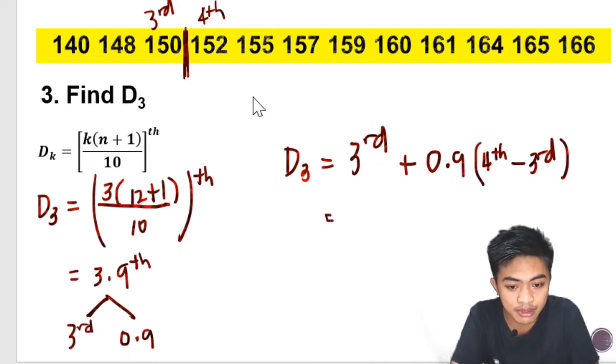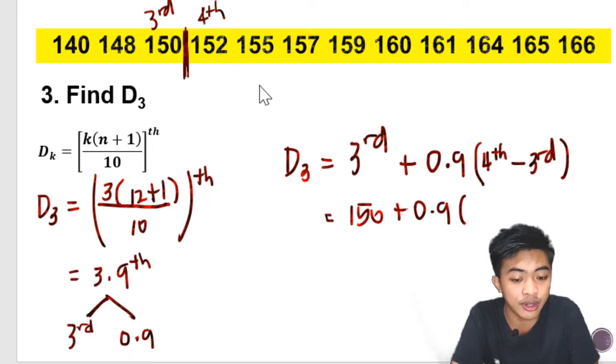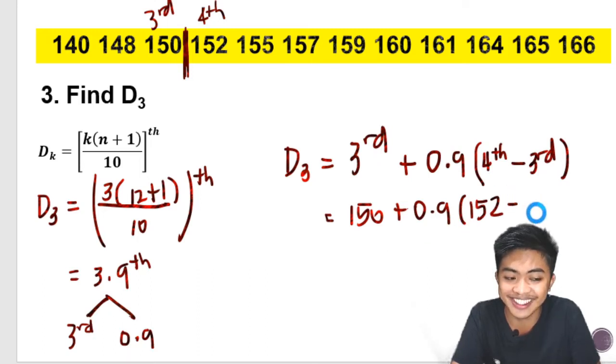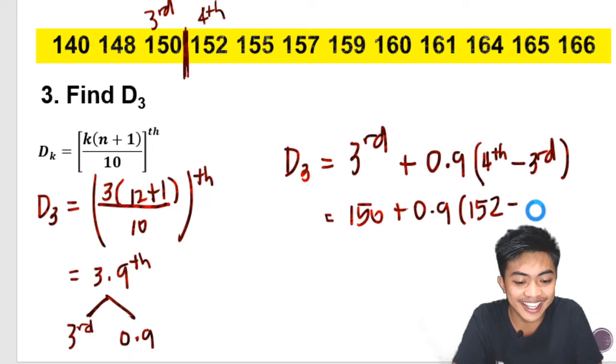So the third number is 150 plus decimal part. We substitute the fourth number. The fourth number is 152 minus the third number, which is, oh my, naglalag na siya. Mahina na ang laptop natin.